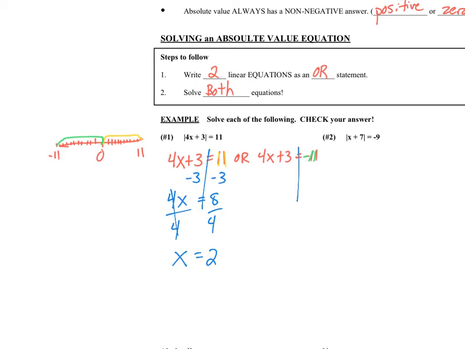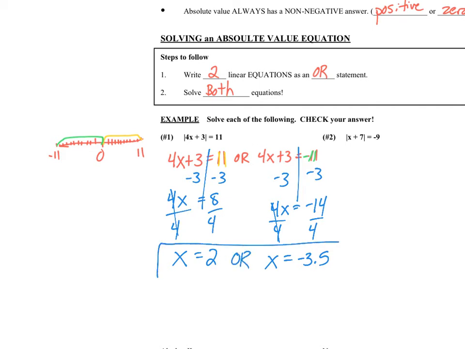All right, on the other side, it's still minus 3 to get 4x equals negative 14, and then divide by 4 to get x equals negative 14 over 4, which would be negative 3.5. So the answer is x could equal 2 or x equals negative 3.5.